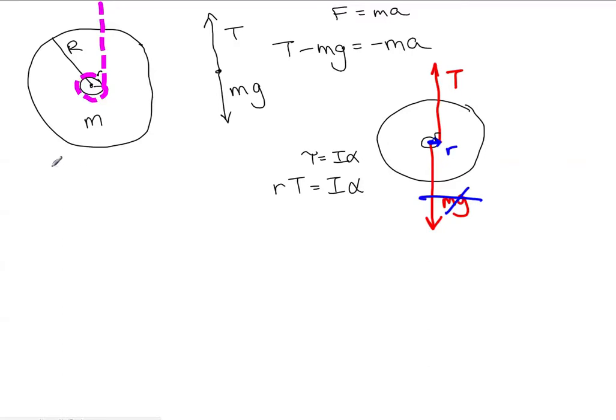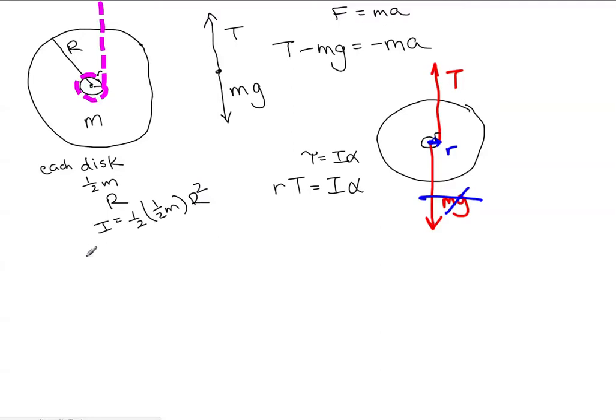It says in the problem that the yo-yo consists of two uniform discs. So if each disc has half the mass, then each disc has a mass of 1/2 m, and it has a radius of big R, right? So each of these discs has a moment of inertia of 1/2 of the mass, 1/2 m, times the radius squared, right?